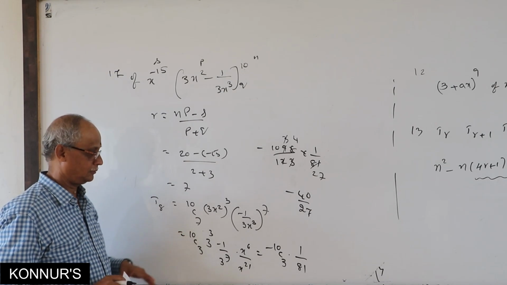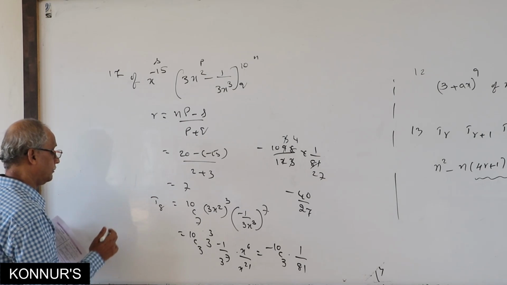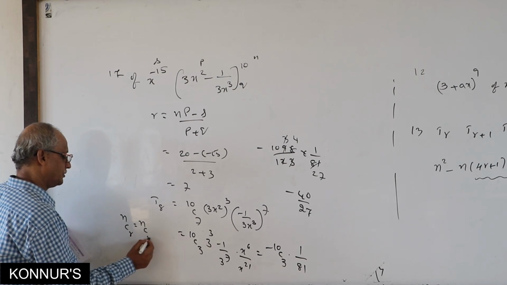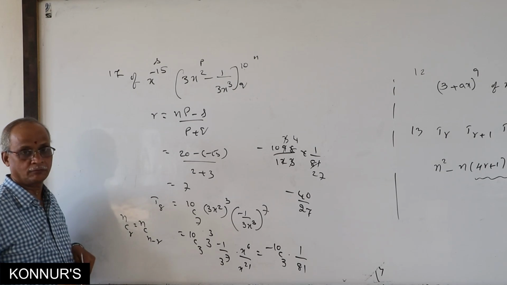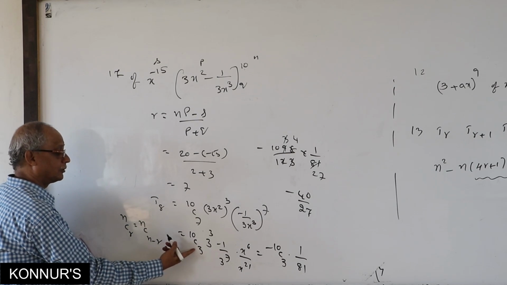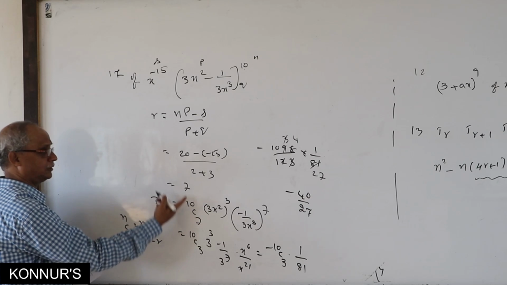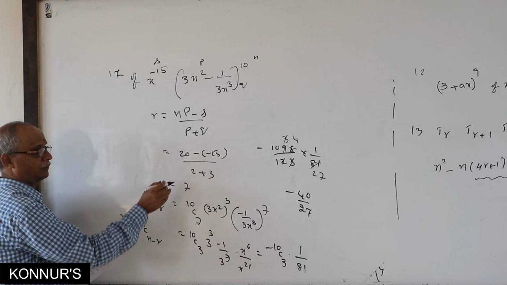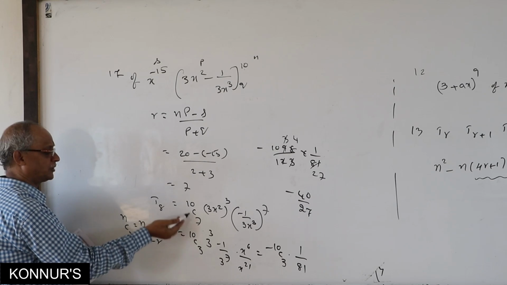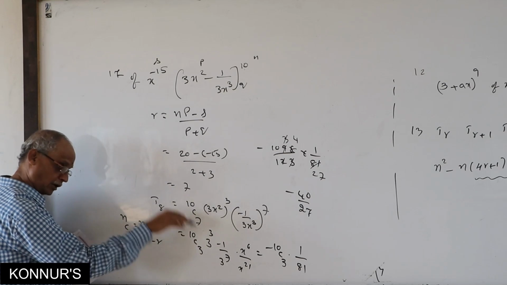Why did I write this one? What is the result? In permutations we have a formula: nCr is the same as nC(n minus r). This is smaller. So instead of going 10C7, 10 factorial, 7 factorial, 10 minus 7 factorial, the calculations are more. You go for the best option. Whichever is small, that you have to write.